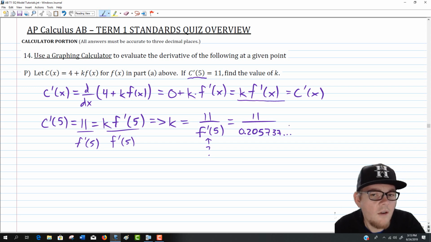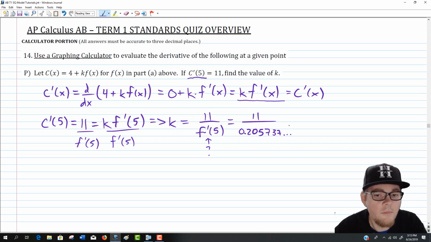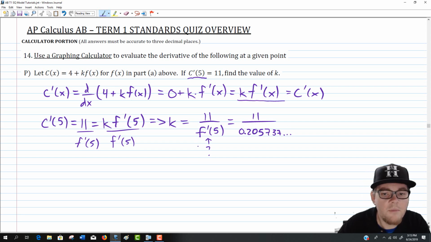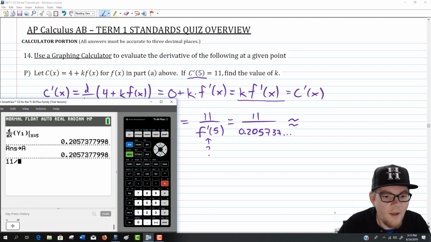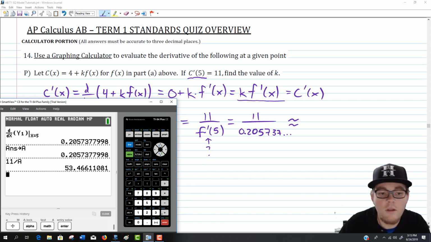You never really know. You've got to be careful and make sure you maintain accuracy on all intermediate calculations. But for our purposes, now that we have that value, we can approximate it. And in fact, in my calculator, I could store this as a variable. I could decide to store that answer we just got as alpha a, and then I could do 11 divided by a. That would be one way to get the value we're looking for.